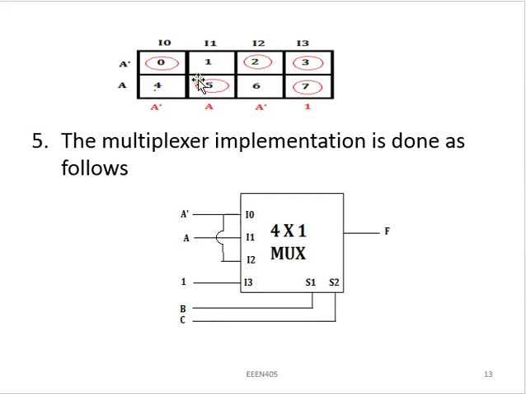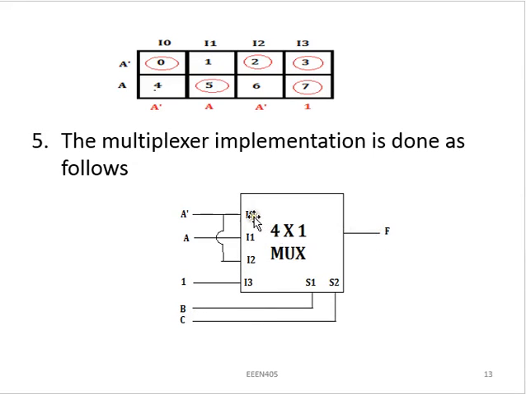Now after getting that, we come and draw our logic diagram of the implementation of that Boolean function. As we have seen, we are going to use a 4x1 multiplexer, and these 4 inputs should be I0, I1, I2, and I3, and I have my selectors, which I said I am using B and C, then only one output.